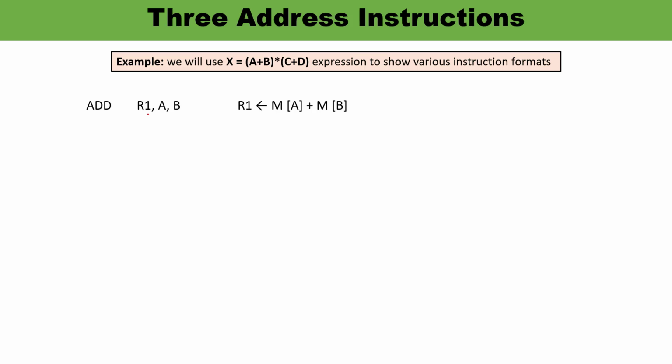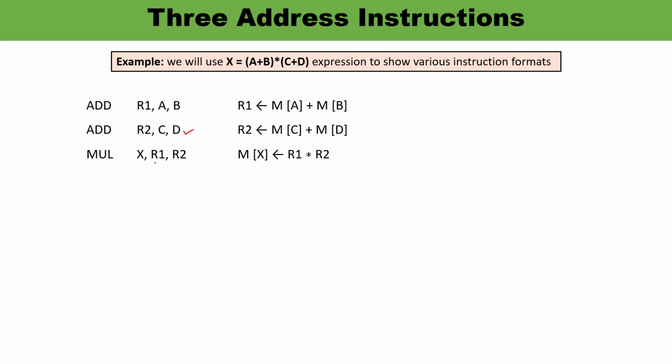ADD R1, A, B means adding the content of A and B and copying it into R1, so this result is available in R1. Second, ADD R2, C, D means adding C and D, and this sum is available in R2.